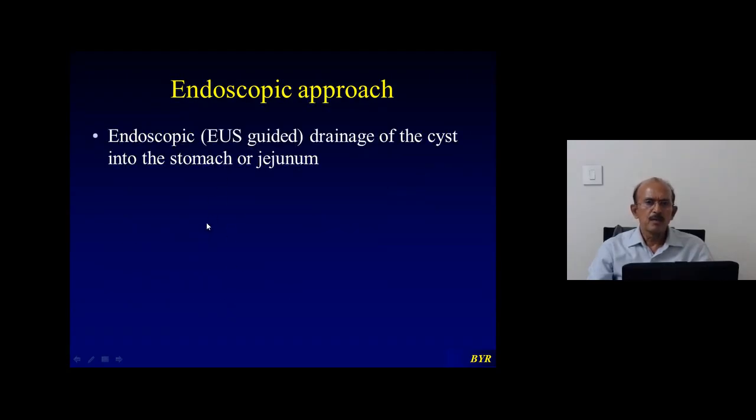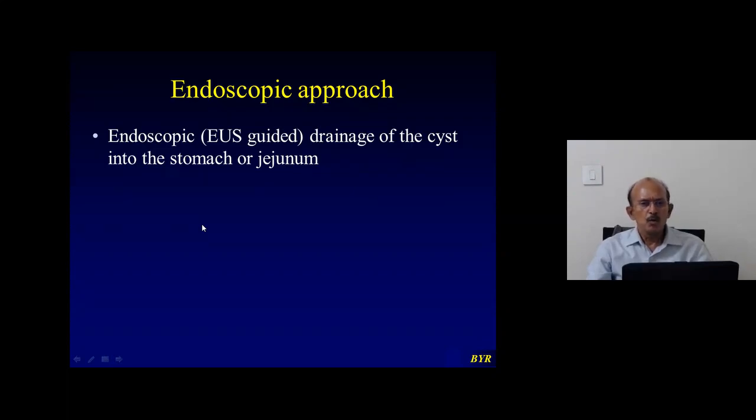Endoscopic approach. That means endoscopic ultrasound guided drainage of the cyst into the stomach or jejunum. So you pass the endoscope into the stomach. Usually the cysts are related to the posterior wall of the stomach. And because of the chronic inflammatory reaction, the stomach gets densely adherent to the cyst.